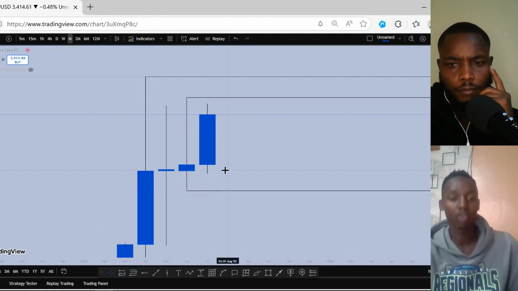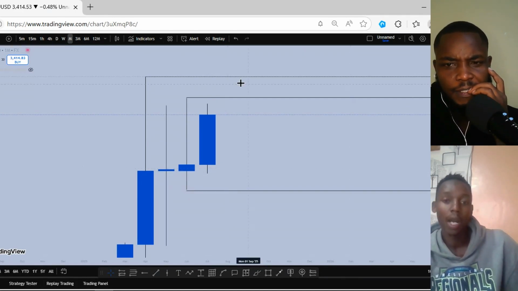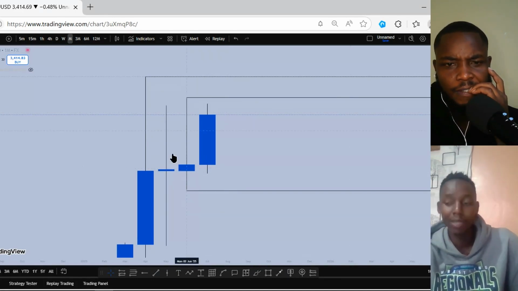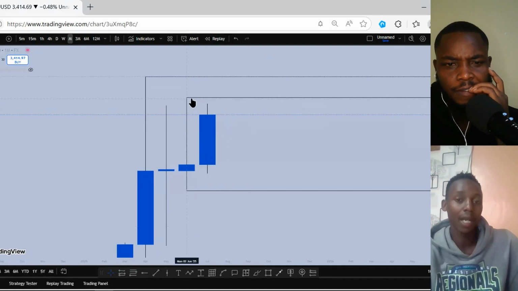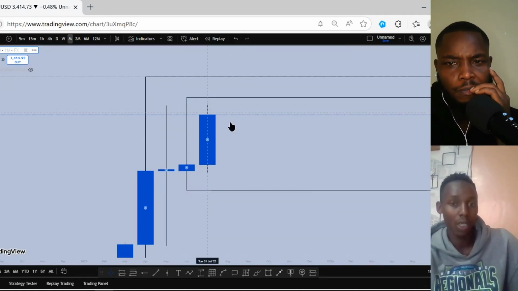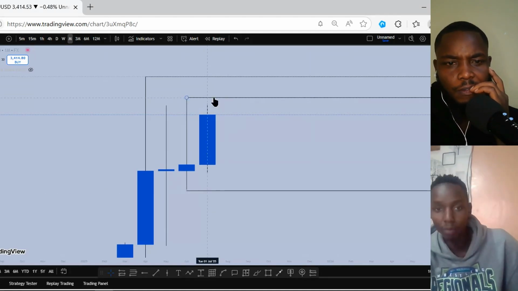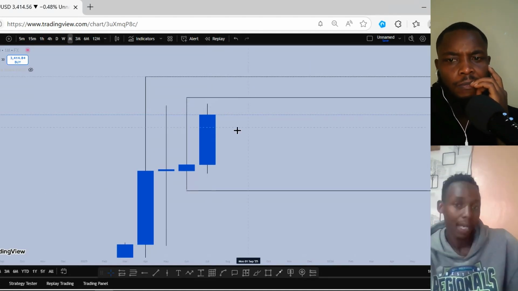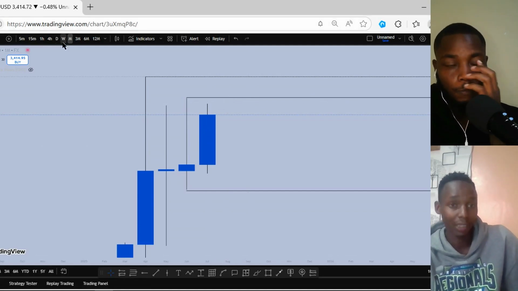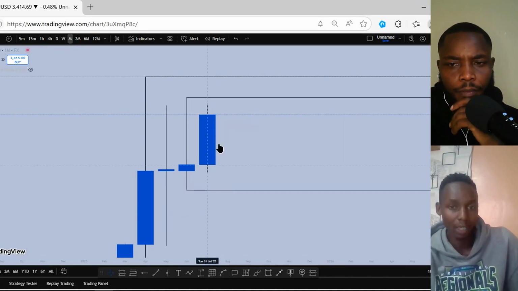We need structure to confirm that, and we also need news to be in our favor. So we have many things to combine for price to deliver towards that high. It's not guaranteed that the market will drive to this high and then continue higher, but we have other confirmations that we need.